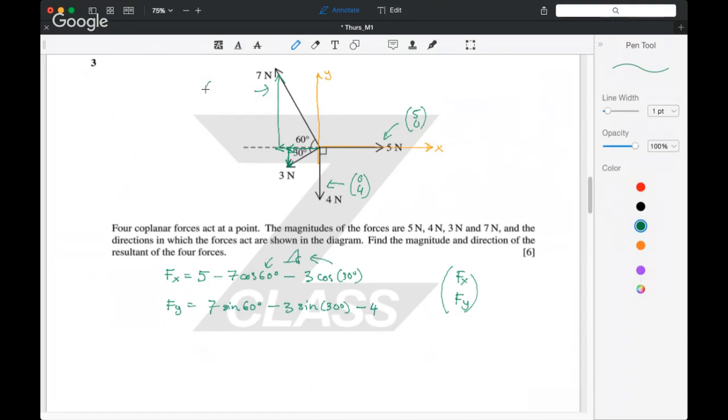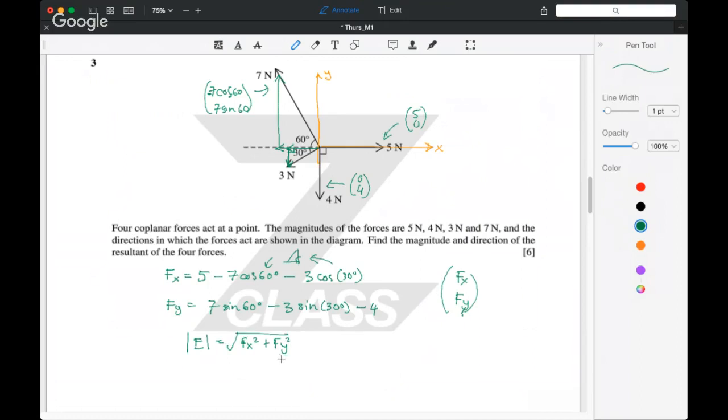This vector is minus 7 cosine of 60, 7 sine of 60, and so on. So these are all vectors and we're just adding them all up and we end up with a vector, Fx, Fy, and we want the magnitude of that. We just take the magnitude of the vector like we ordinarily do. So the magnitude of our vector F is the square root of Fx squared plus Fy squared.